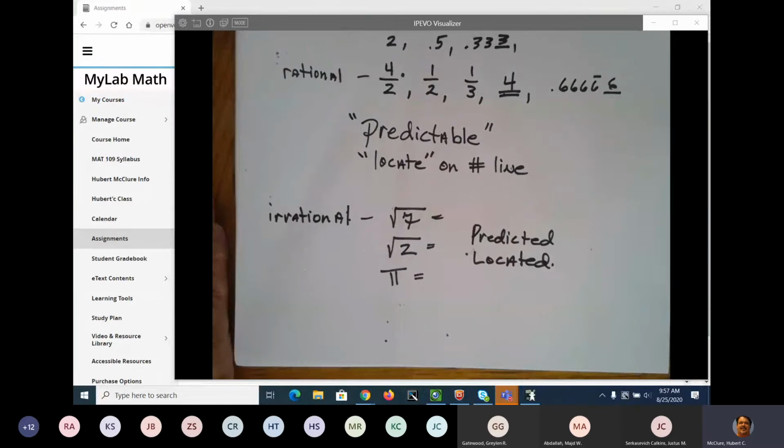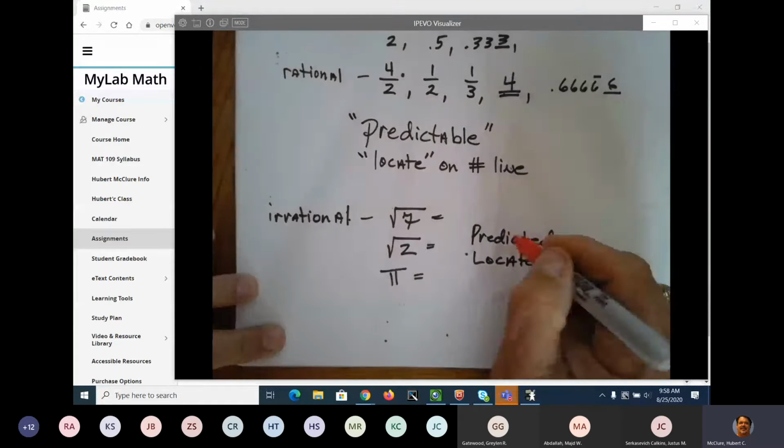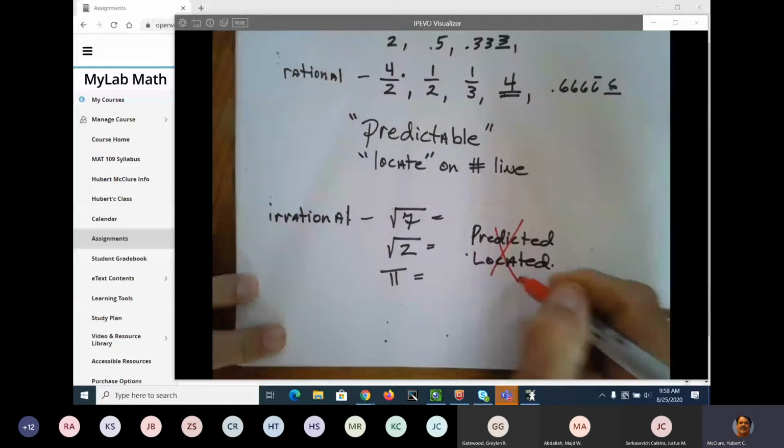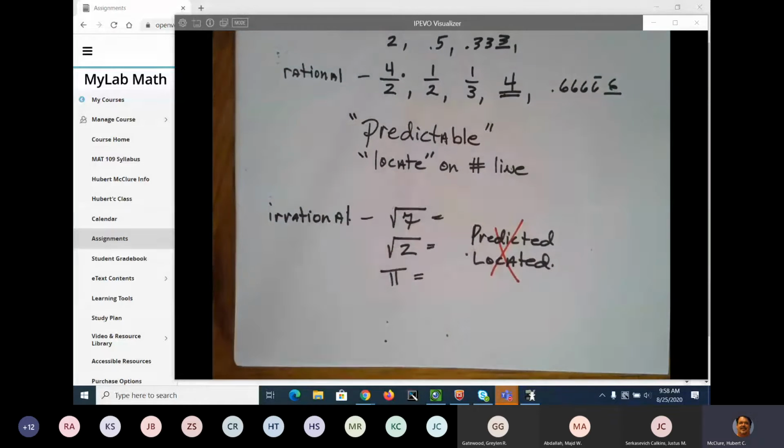How many of you didn't know the difference between rational and irrational? Yep. It's amazing. Okay, you can put your hands down. Wow. That's over half the class. Good job. You can put your hands down now.